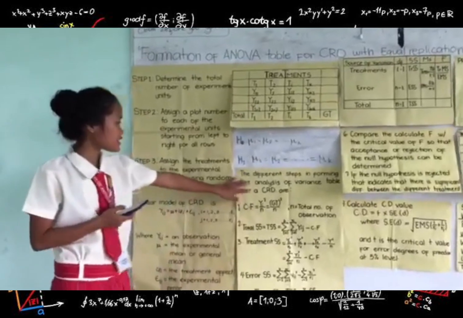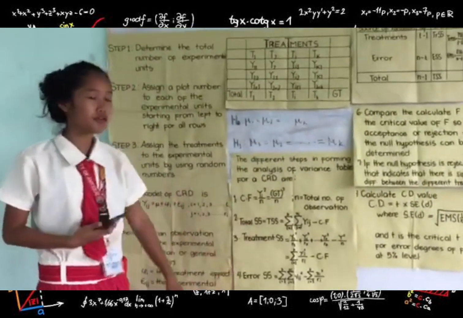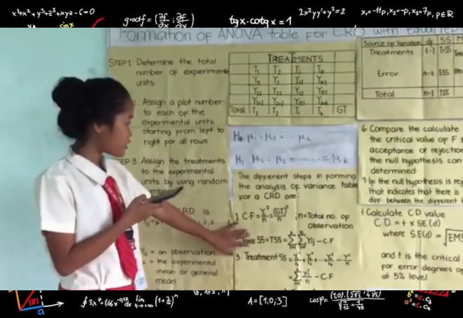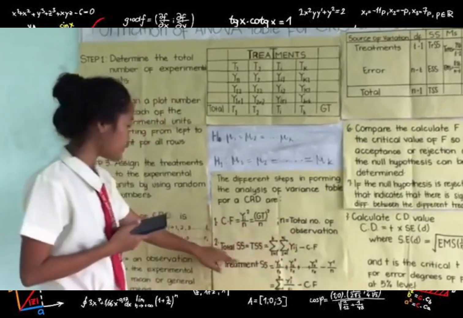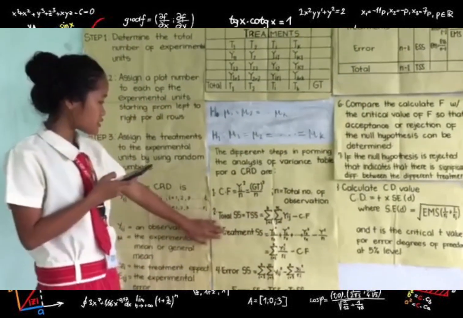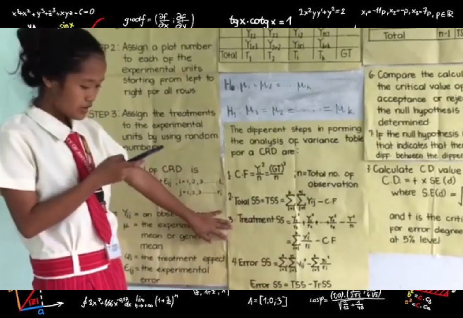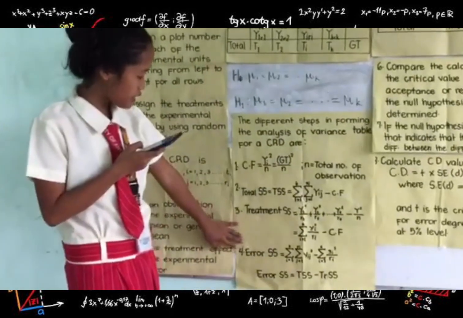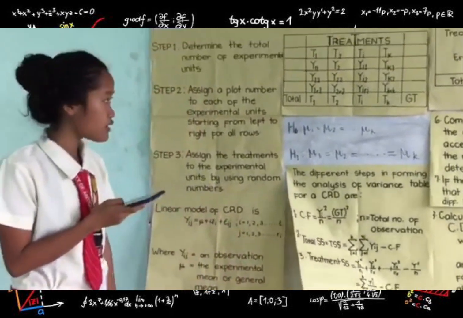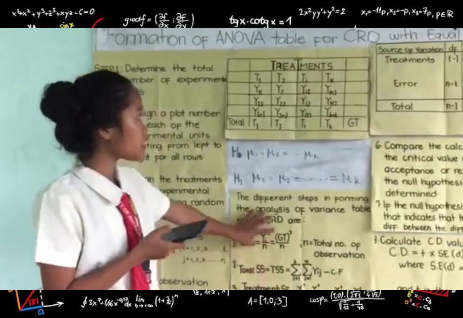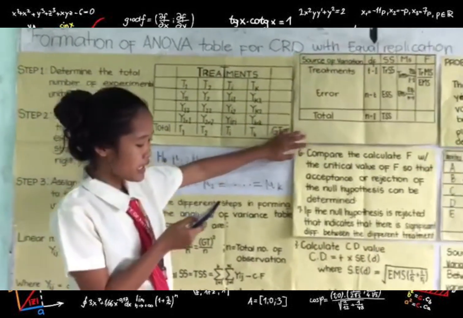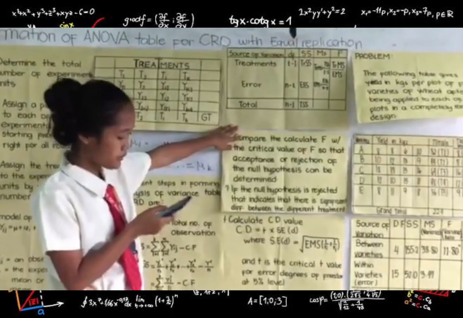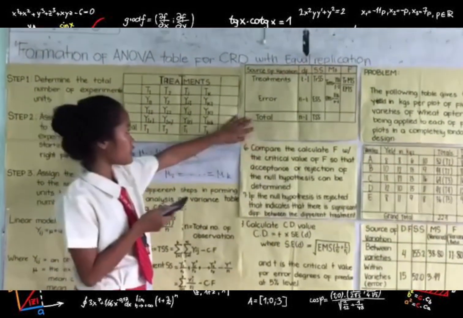So we have the different steps in forming the analysis of variance table for CRD. Number one, compute the correction factor, where n is the total number of observations. Number 2, the total sum of squares. Number 3, calculate the treatment sum of squares, and number 4, calculate the error sum of squares. Next, after we have solved these, we form the table and calculate the F value.